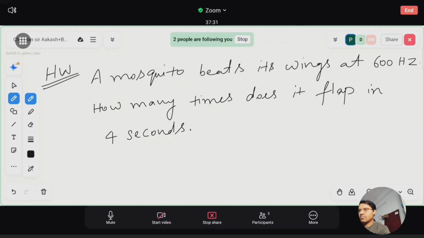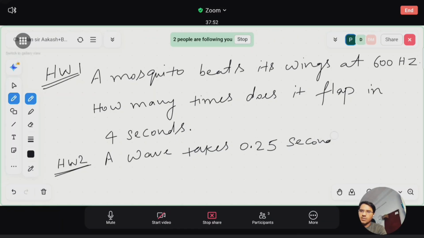And then you can do one more question. A wave takes 0.25 seconds to complete one cycle.